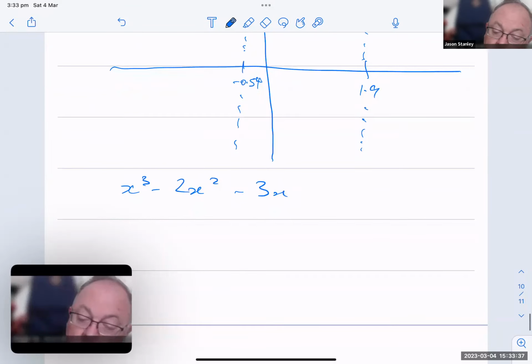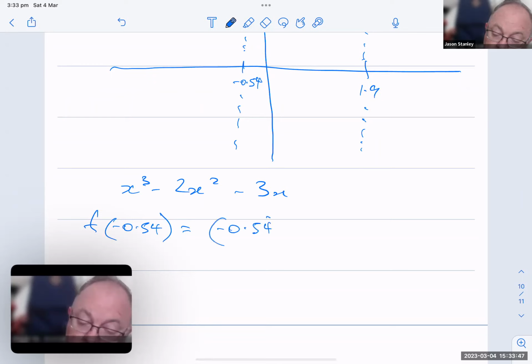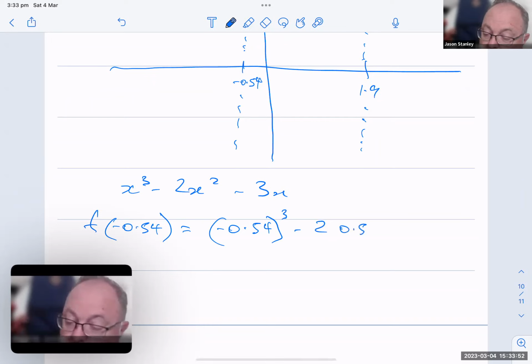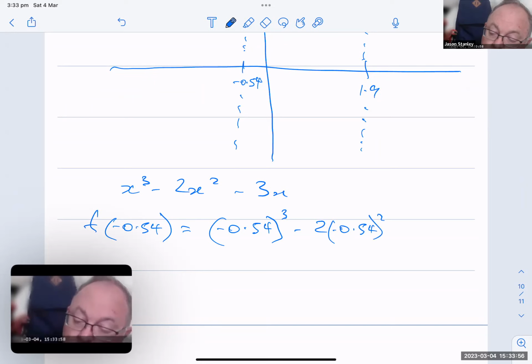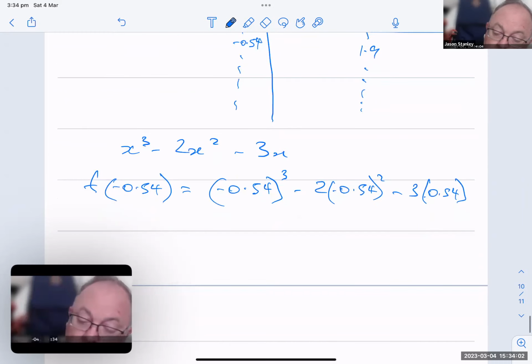Now what I'm going to do is function notation. f of minus 0.54 is minus 0.54 cubed minus 2 times minus 0.54 squared minus 3 times minus 0.54. That's that one.